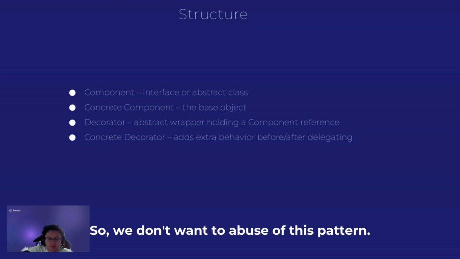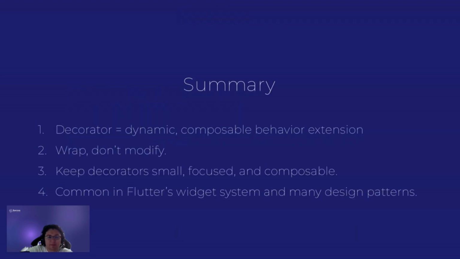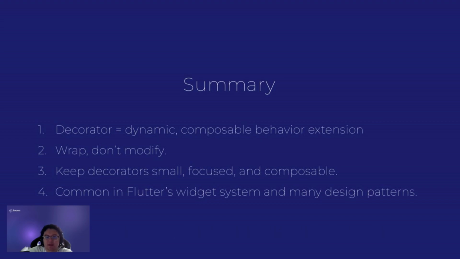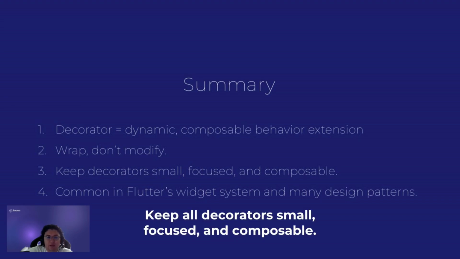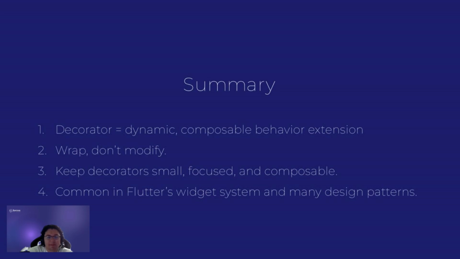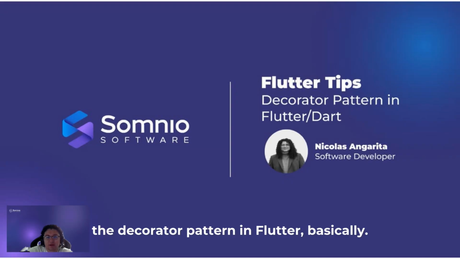We don't want to abuse this pattern. So in summary, the decorator equals dynamic composable behavior extension. Basically, we wrap, we don't modify, keep all decorators small and focused. Composable, common in Flutter's widget system and many design patterns. So this is the decorator pattern in Flutter, basically.